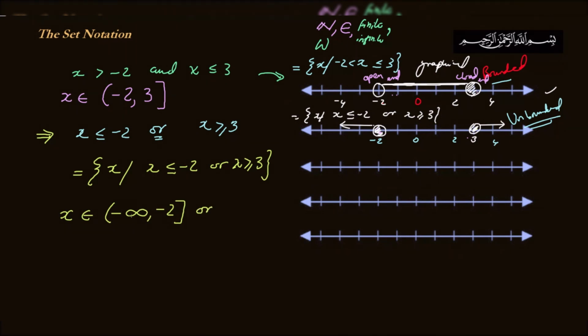Or x is an element of this, where the 3 is included on this side, and it goes to +infinity, and that's an open end. So these are 3 different ways of describing a set of numbers: the description, the set notation, and the interval notation over here.